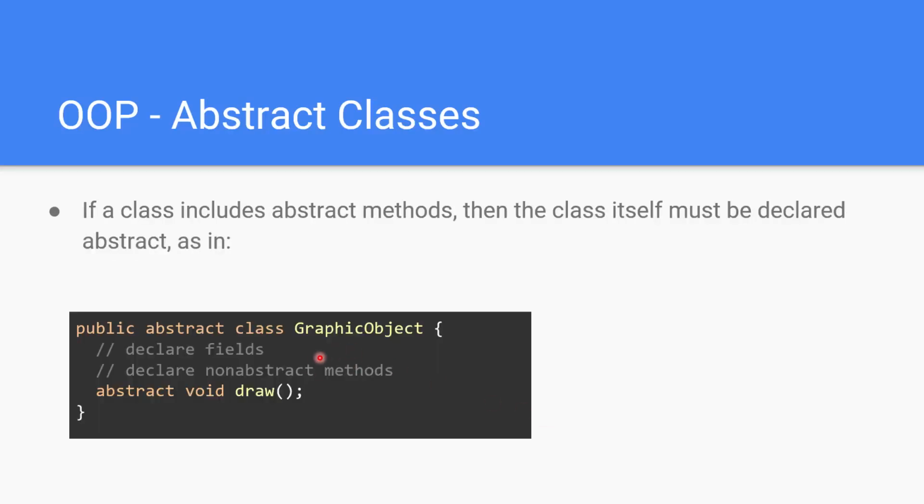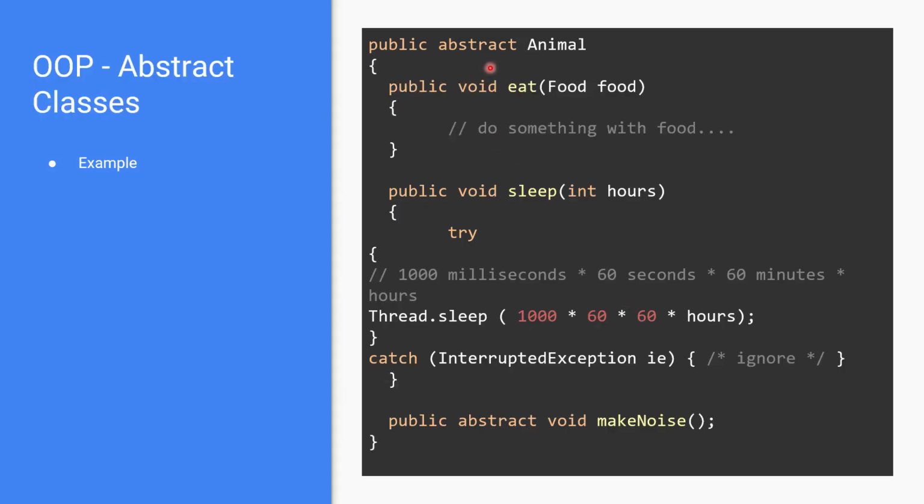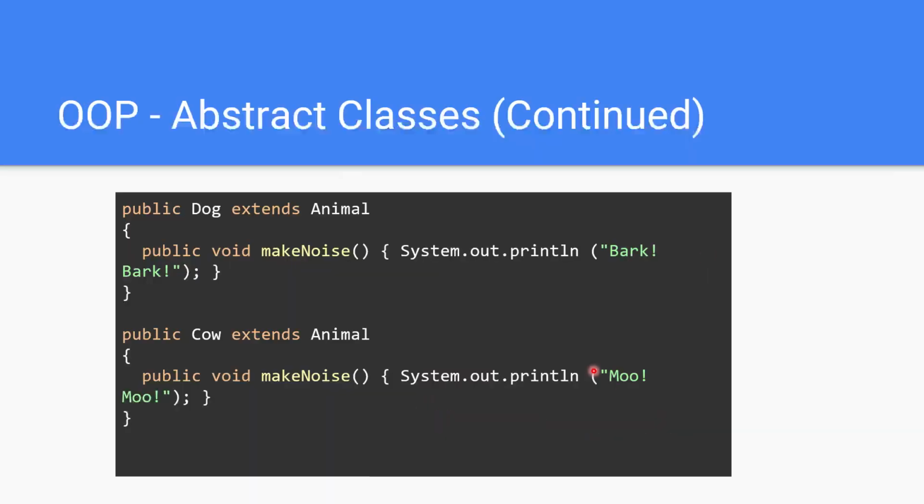If we see this here, and we took a look at this earlier, we have our abstract class. Here's our abstract method, and there are no curly braces. Here's another example. We have an abstract class called Animal, and one of the abstract methods here is makeNoise.